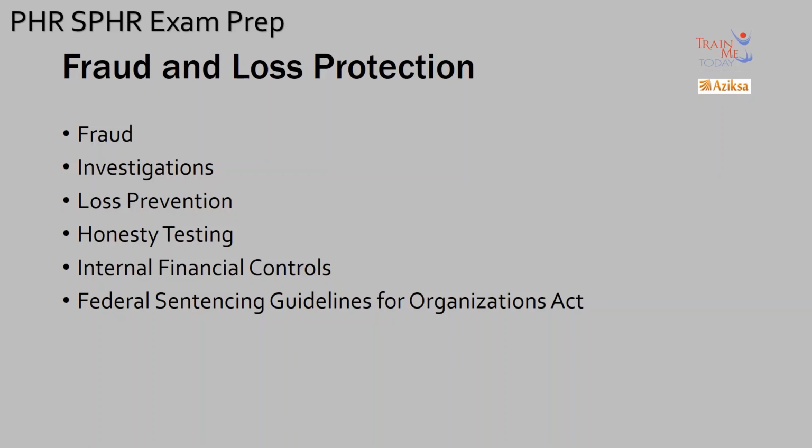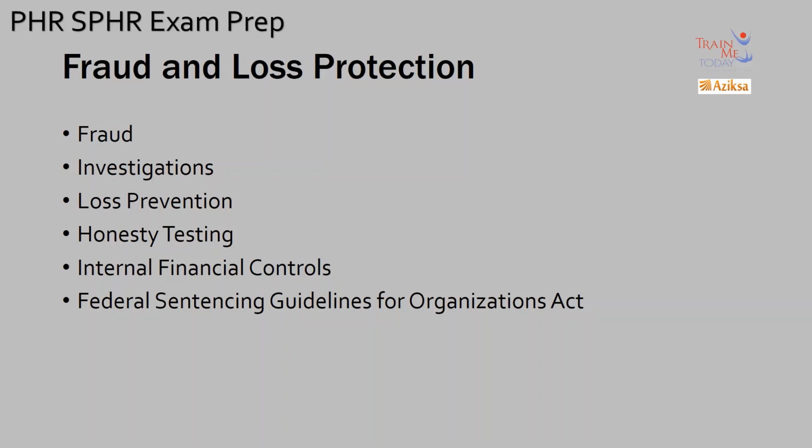According to the Association of Certified Fraud Examiners, organizations in the United States lose 5% of revenues each year to fraud. So it's important that when we are working in human resources, we have a good, solid investigation procedure so that we are able to uncover these types of issues.